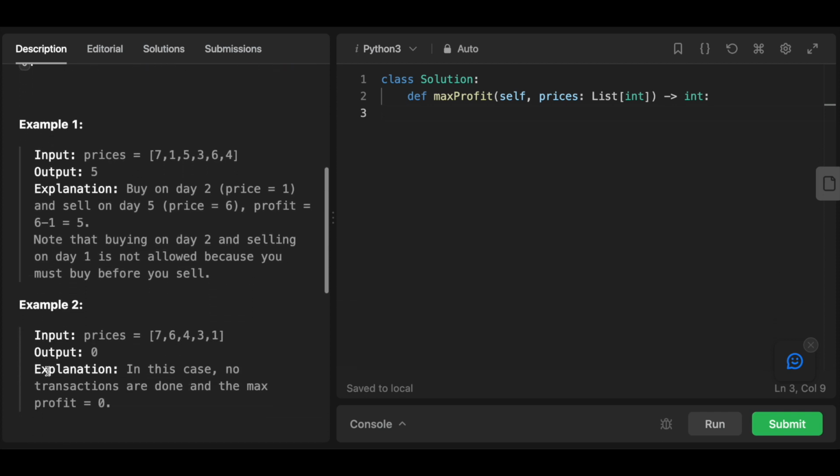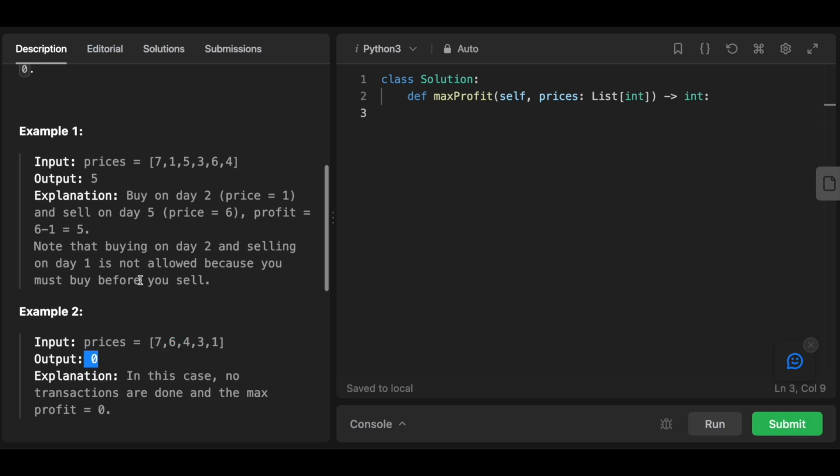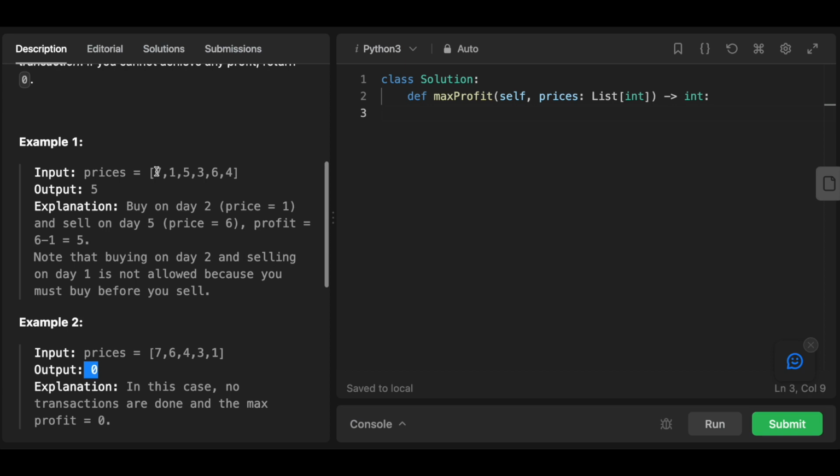So if we look at the examples here, looking at the second one, whenever you buy on a future day you cannot sell in order to make profit, you return a 0. Otherwise, you logically seek the lowest price to buy, which comes prior to a higher price, and then return the maximum profit.